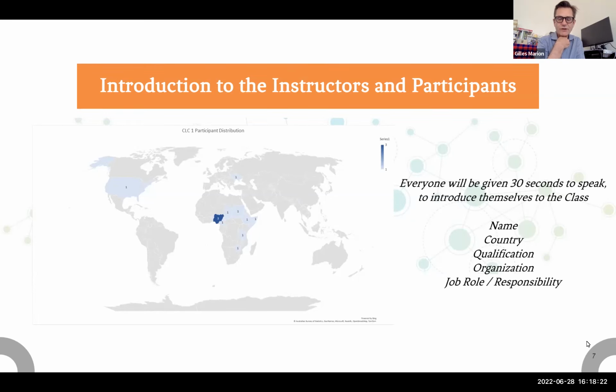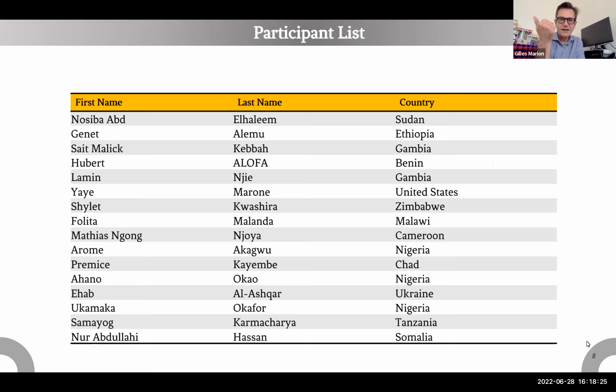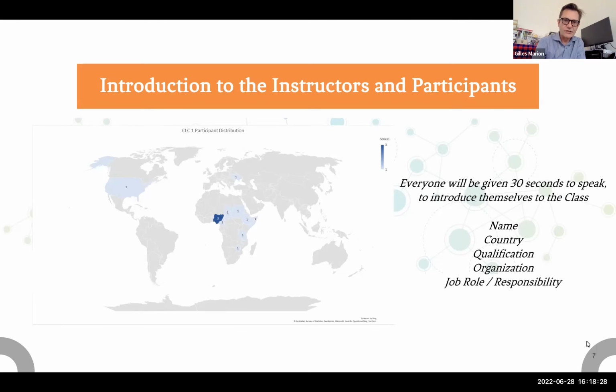When you speak, you give us your name, your full name, your country of origin, where you are. If where you are is not your country of origin, perhaps you can tell us both. I would be happy to hear both. If you have a specific qualification that you want to share, your background in terms of qualification, but also your position and your organization, your job role, your responsibility, your organization. So those 5 points which are here, we'll be happy to hear from you.